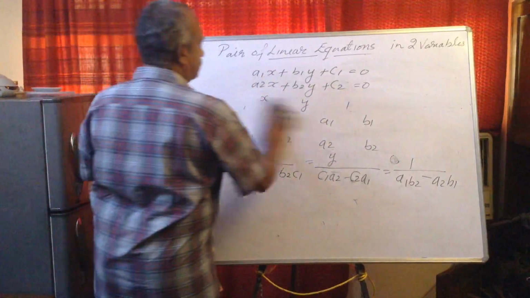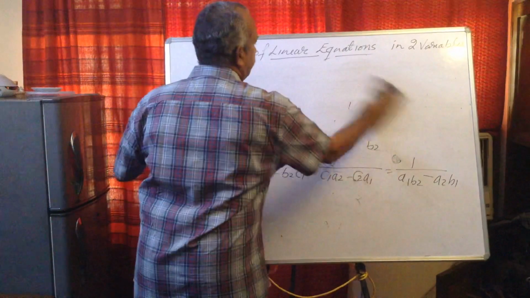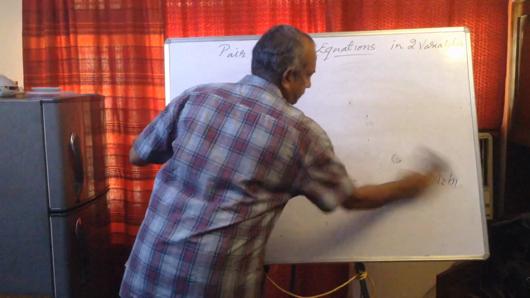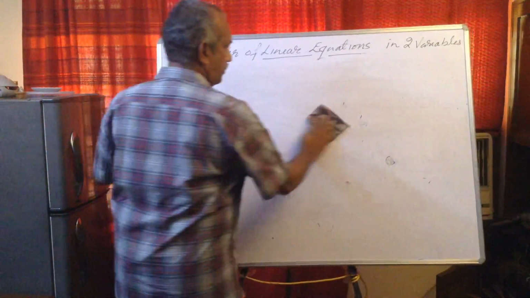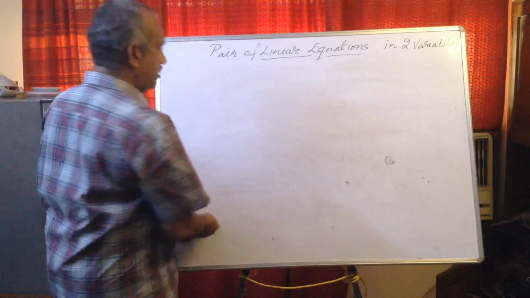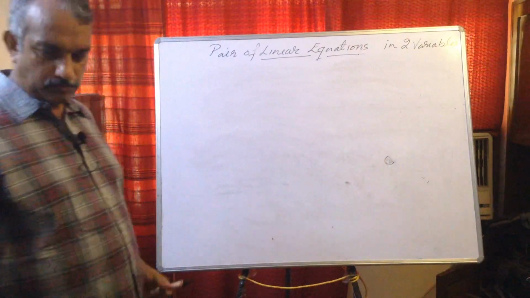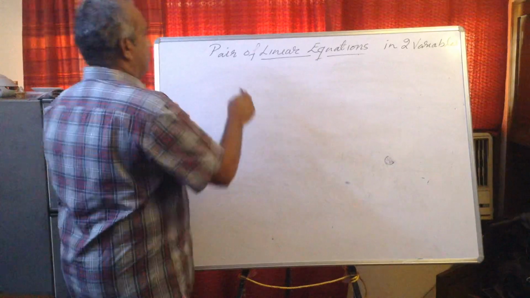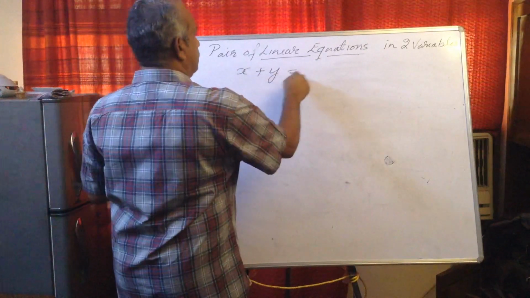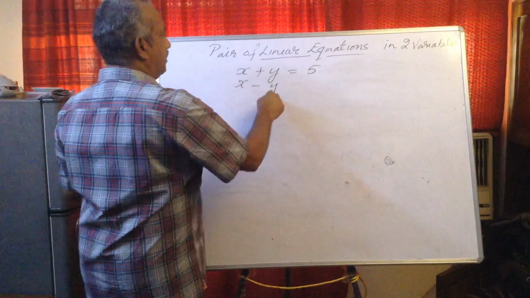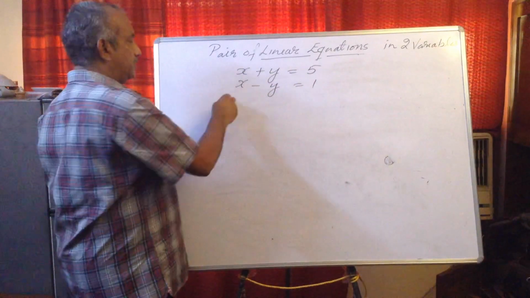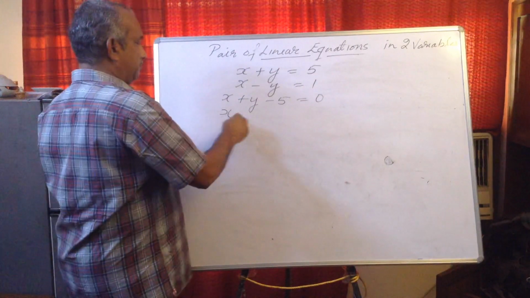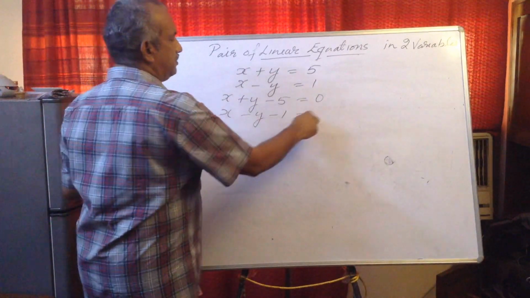See, I'll solve the same question by using cross multiplication. x plus y is equal to 5 and x minus y is equal to 1. I am writing x plus y minus 5 is equal to 0, x minus y minus 1 is equal to 0.